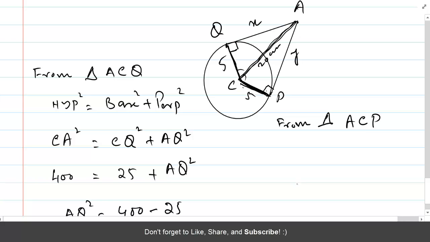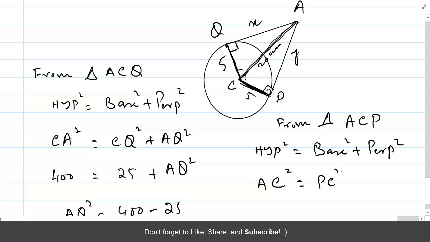So if you consider the other triangle, triangle ACP, if we take a look on this side, the hypotenuse square is equal to base square plus perpendicular square, and the hypotenuse is AC, because the 90 degree angle is here and opposite to 90 is the hypotenuse. AC square is equal to PC square plus AP square.